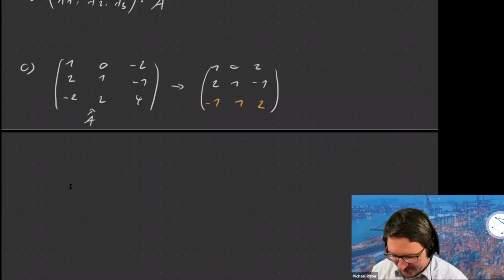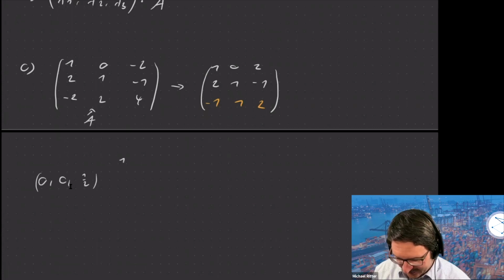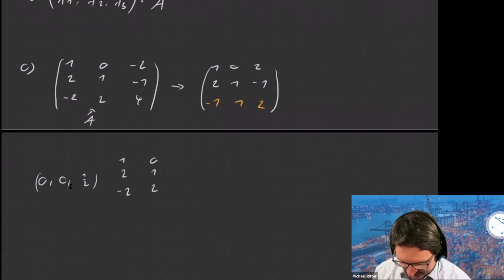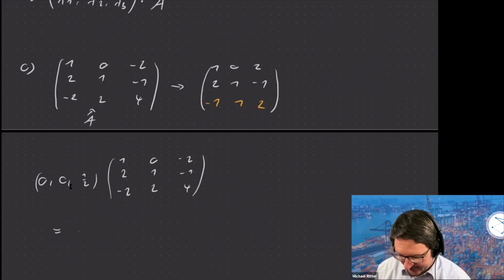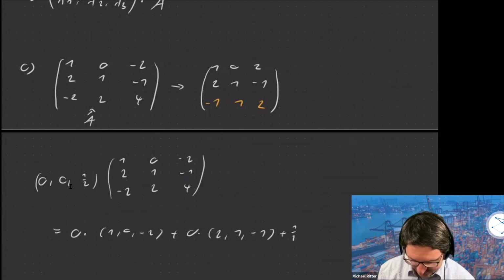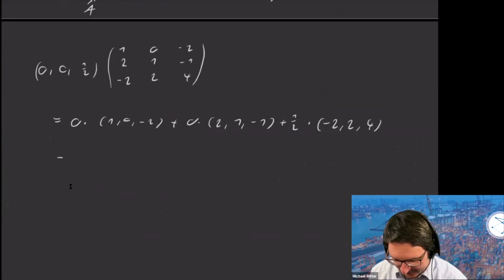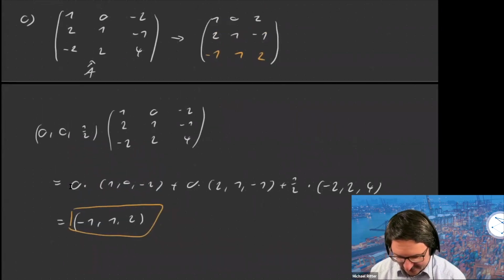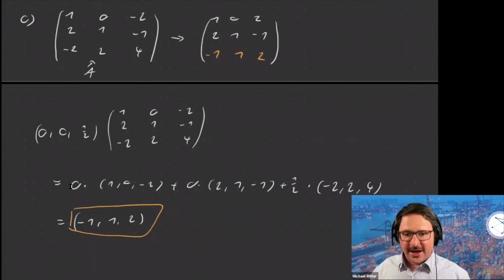So if I'm doing something like 0, 0, 1 over 2 times my matrix, like this here, that would be the same as doing 0 times the first row, then taking 0 times the second row, and taking 1 over 2 times the last row. So that would be exactly the last row I want, right? So this is the last row that I want here. So that way I could get that row.